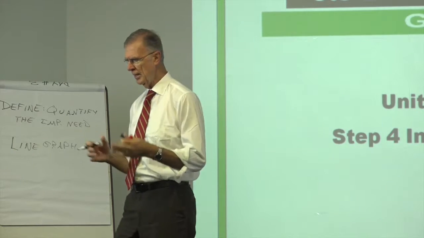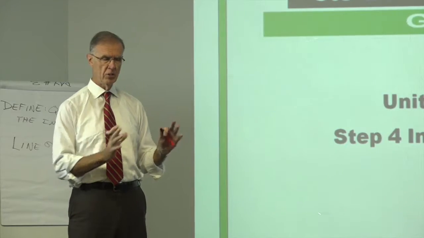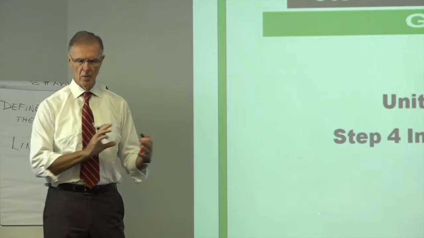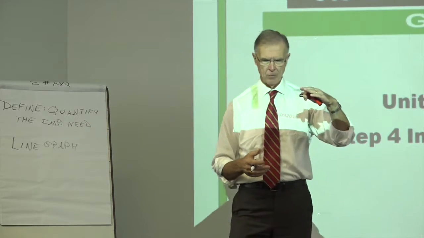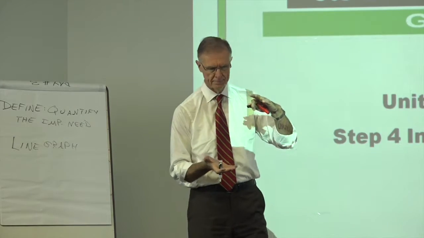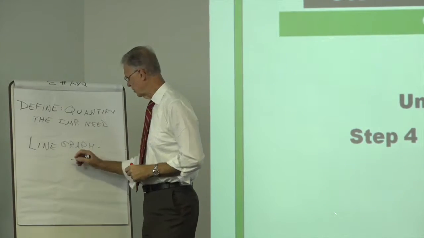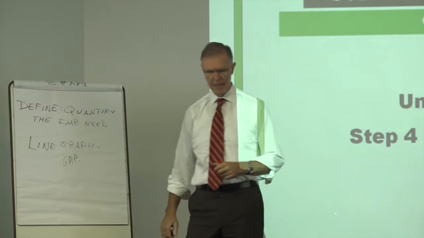And maybe it's something we should take a look at. Would it be a good idea to maybe show the target on the line graph? Yes. Okay, so what do we reveal when we show the actual performance and the target? The gap. Okay, so line graph then shows performance and it will highlight the gap.